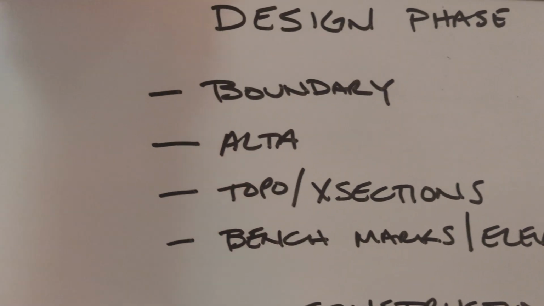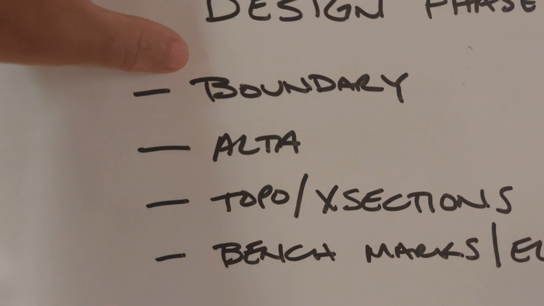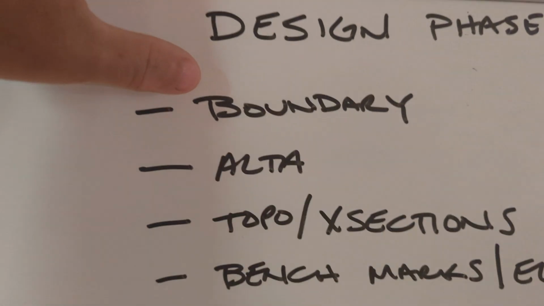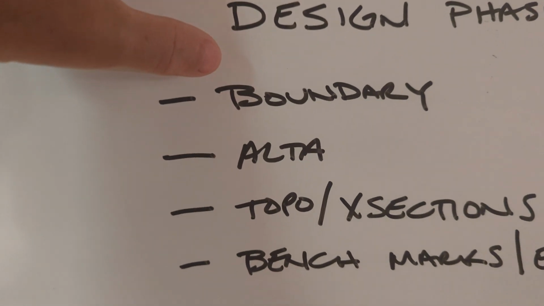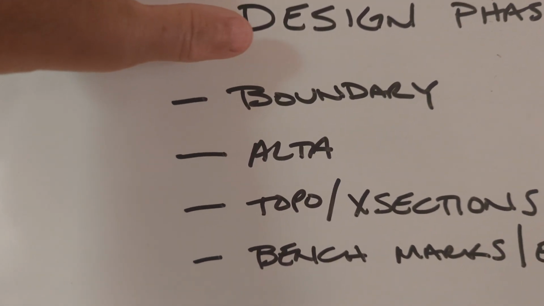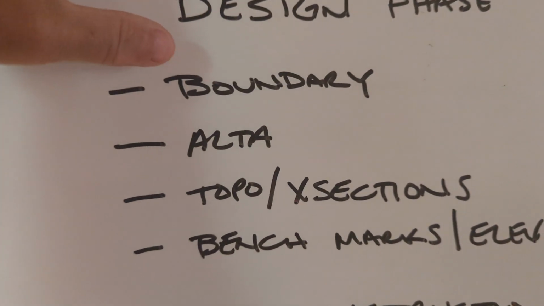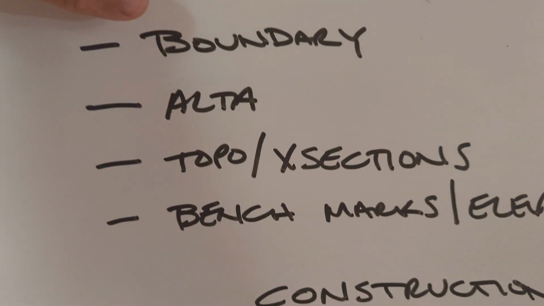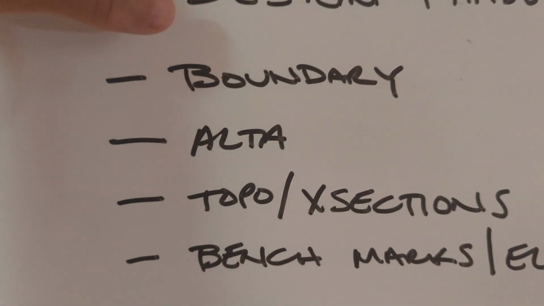So the more you know about how to perform the boundary, it starts making a lot more sense. Again, in Southern California, our monumentation is different than what you would probably have in other states, and other states are different than us. But you work where you work, we work where we work, but a boundary is a boundary.